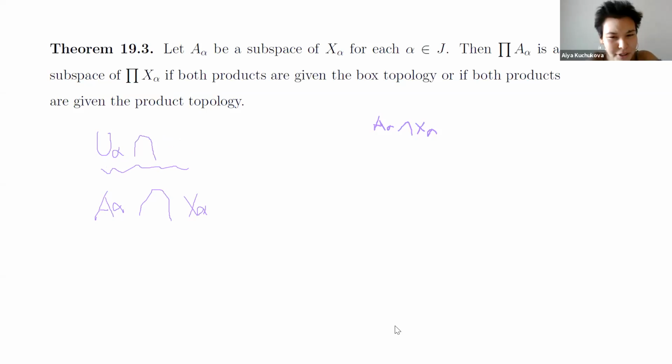I'm sorry, what is your U alpha? This U alpha is an open set in X alpha. I should have said it earlier. And this A alpha is this one. It's for finitely many alpha.